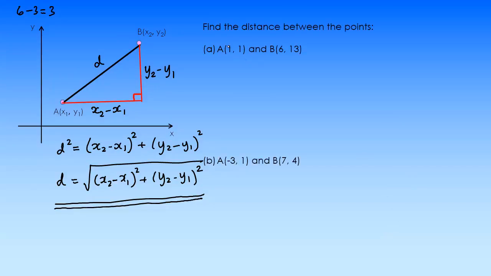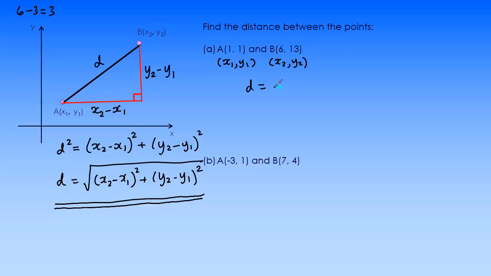So we want to find the distance between these points. If I use the formula for the first example, let's say that this one is x1, y1, and this one is x2, y2.